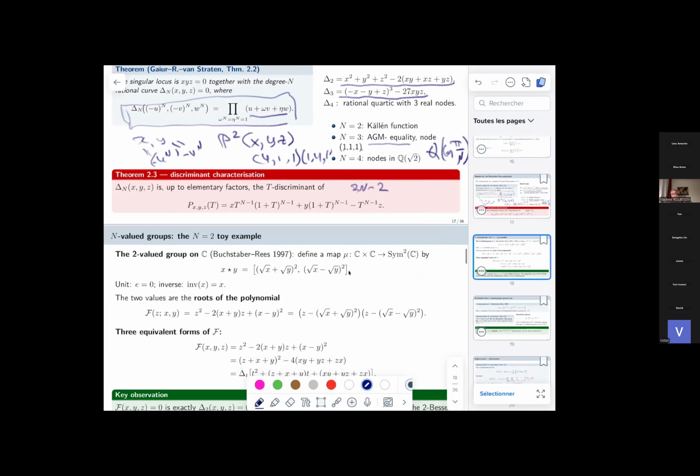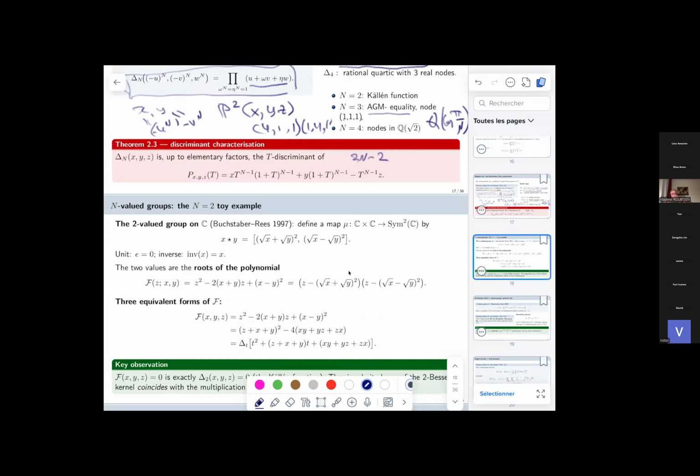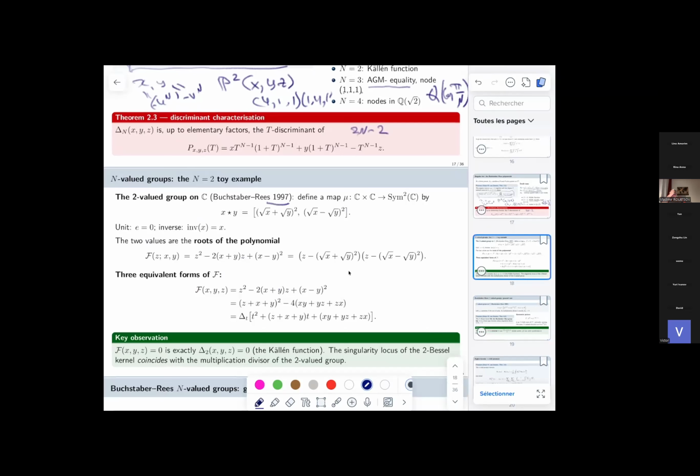It is the algebraic law of multivalued groups, which Buchstaber and Rees introduced in 1997.